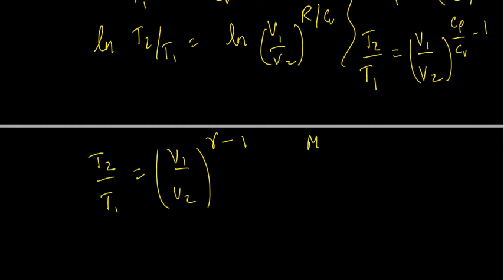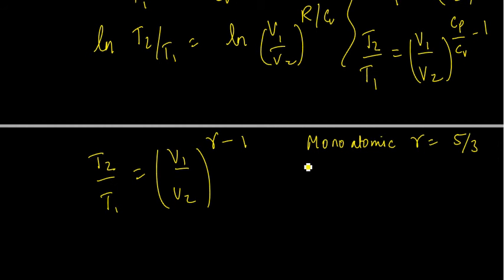So for monoatomic, gamma is equal to 5 by 3, and then it keeps increasing. For polyatomic cases, Cv is 3 times R, and Cp would be 4R.